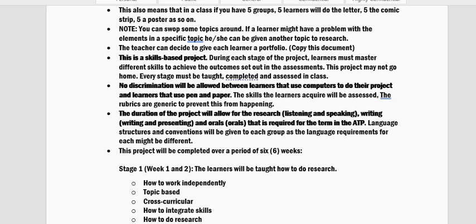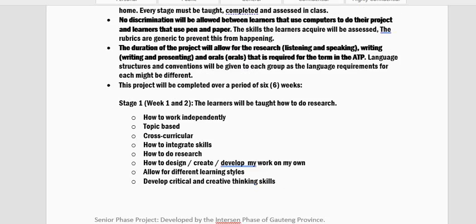The project is part and parcel of covering the ATP, since research, listening and speaking will be taking place, writing and presenting will be taking place, and orals will be taking place. So while you are doing this research project, during 6 weeks, you will automatically be covering the ATP.